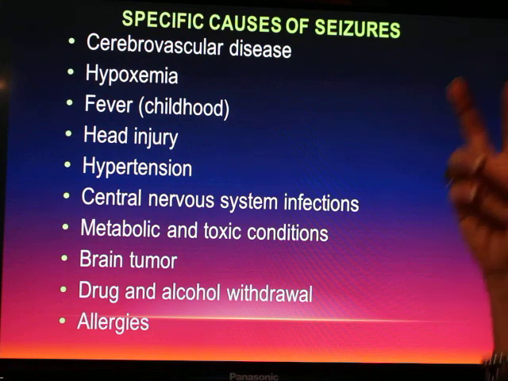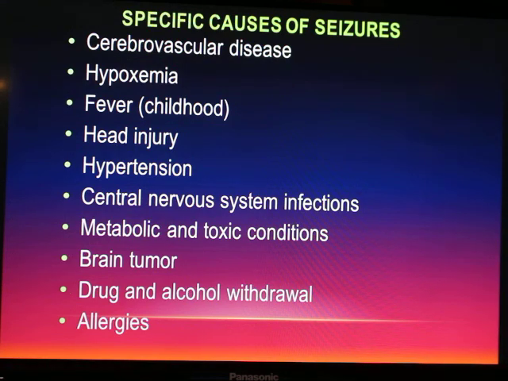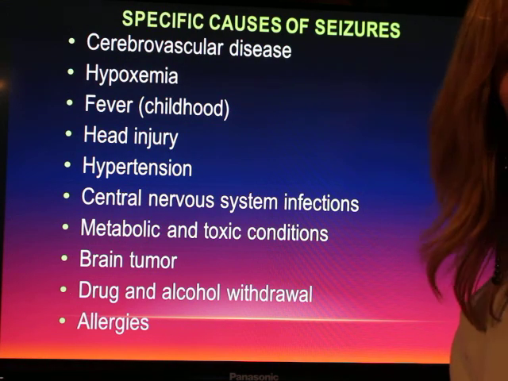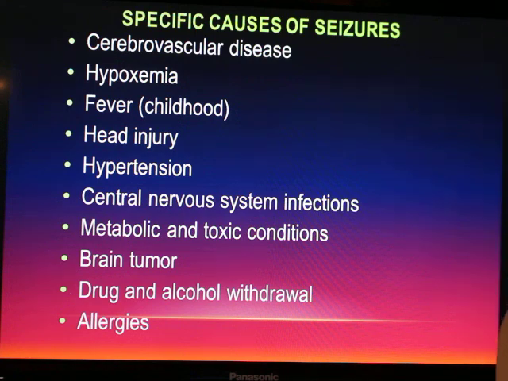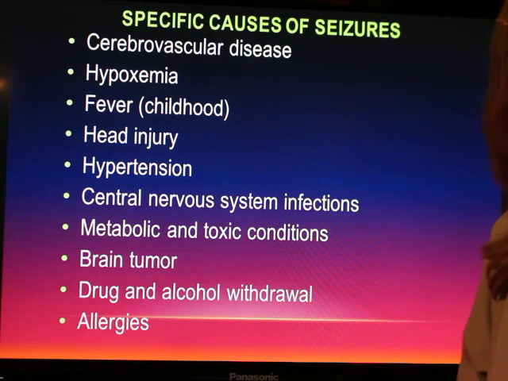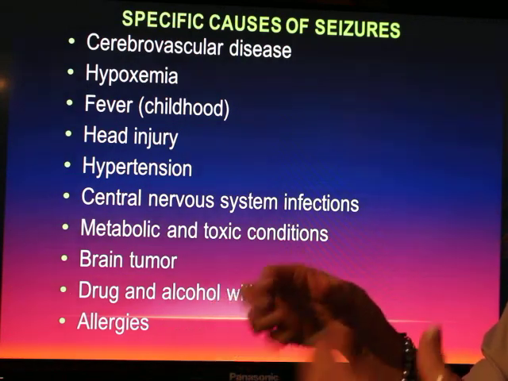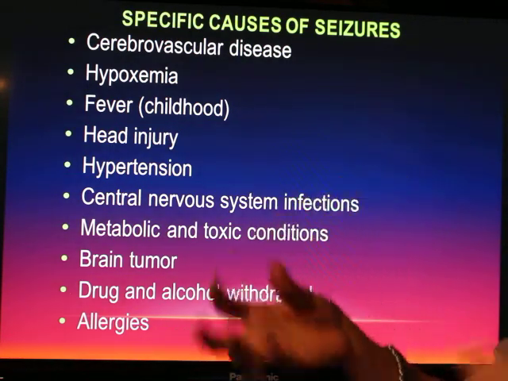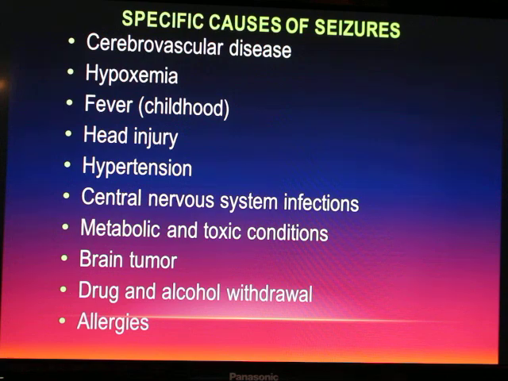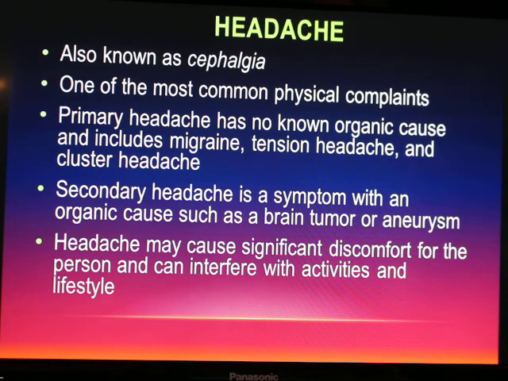So there's a lot of specific causes of seizures. There's also some non-specific causes, reasons that we don't know why people are having seizures. And those are your patients who have epilepsy. I do want you to study a little bit about the different kinds of seizures. There are petit mal seizures, grand mal seizures, and varying degrees on that. So I want you to look over that this week.